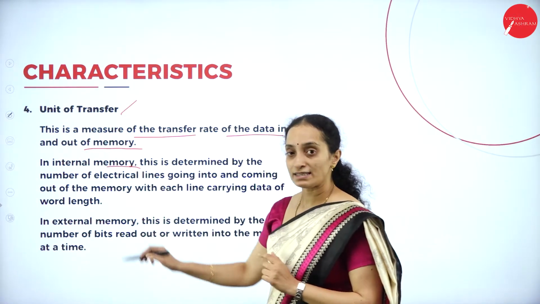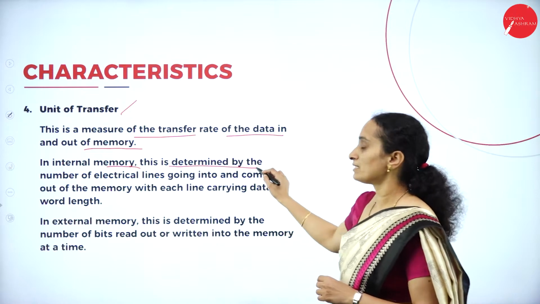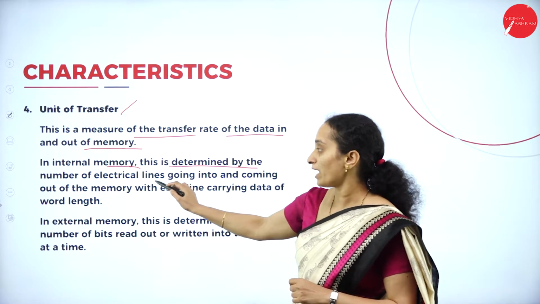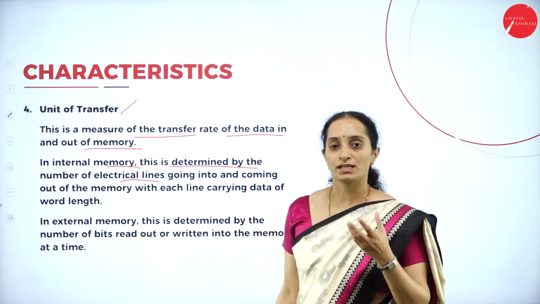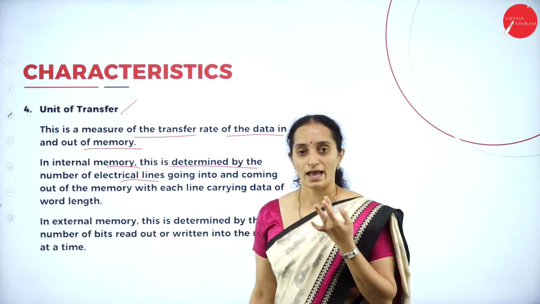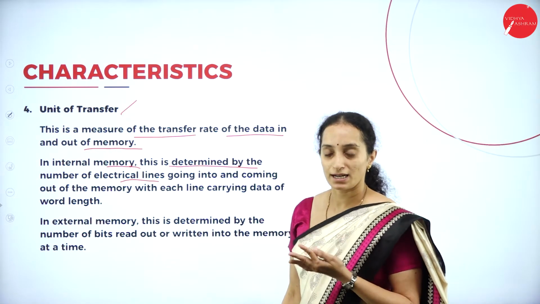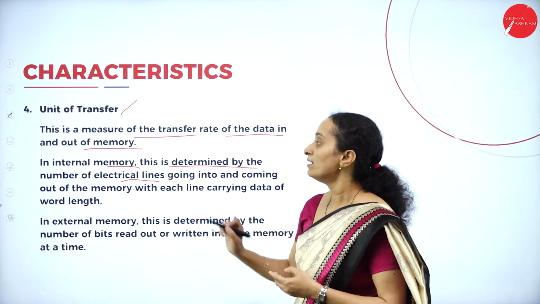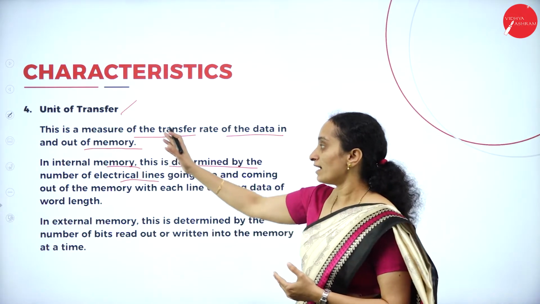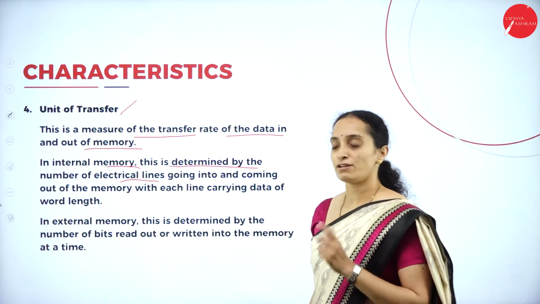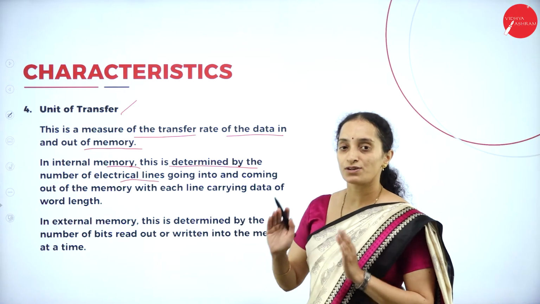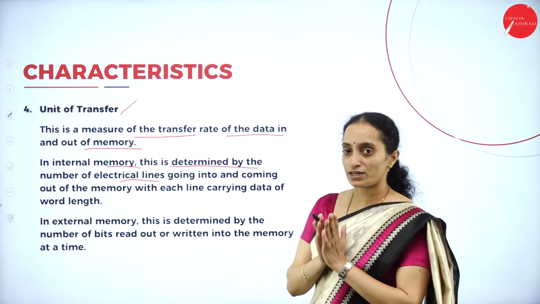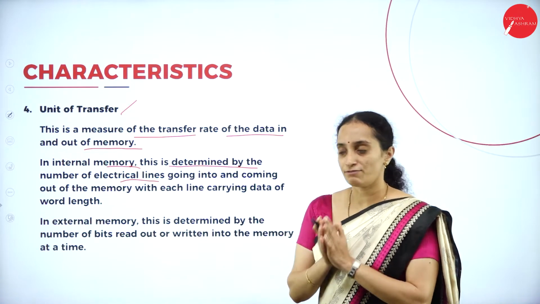In internal memory, this is determined by the number of electrical lines. How many signal lines we have: control bus, data bus, address bus. Based on that, the speed of the data transfer, or the capacity of data which can be transferred, will be measured.